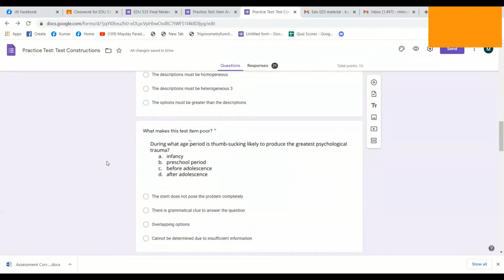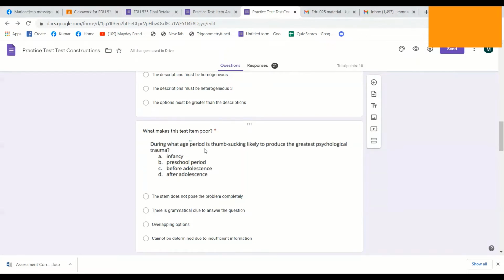What makes this test item poor? During what age period is thumb sucking likely to produce greatest psychological trauma? Infancy, preschool period, before adolescence, and after adolescence. Okay.